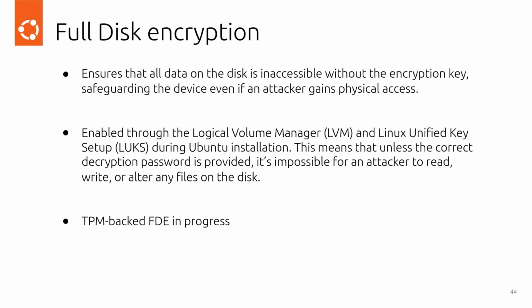And that one, the in progress implementation, aims to have TPM, Trusted Platform Module, backed FDE. So this would be very useful eventually for enterprise customers who want to automate the use of full disk encryption at scale. And yeah, passkeys are not the most friendly in that regard.